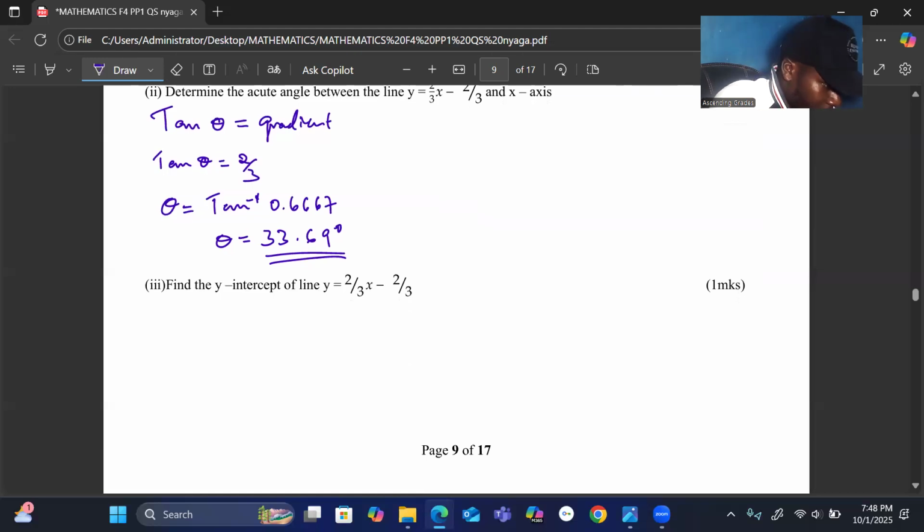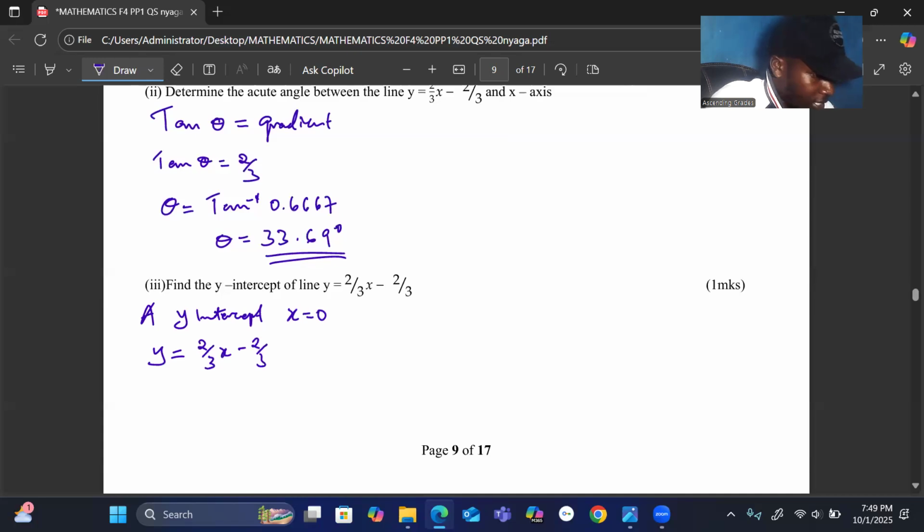Now at the y-intercept, we know that x is equal to 0. Therefore, y, using the equation y is equal to 2/3 x minus 2/3.